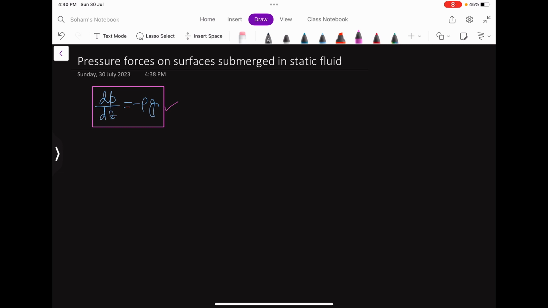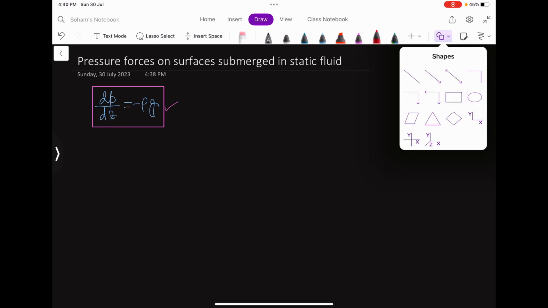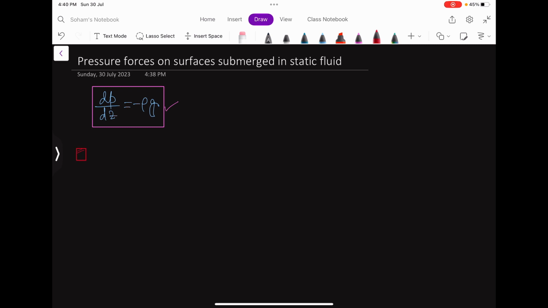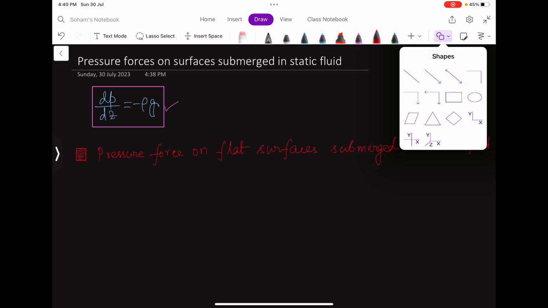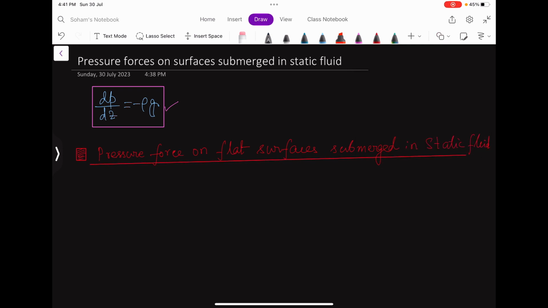Now let us consider a very important topic, that is pressure force on flat or plane surfaces submerged in static fluid, because if the fluid is moving then there are other forces that may take place, that we will learn during the study of fluid dynamics.